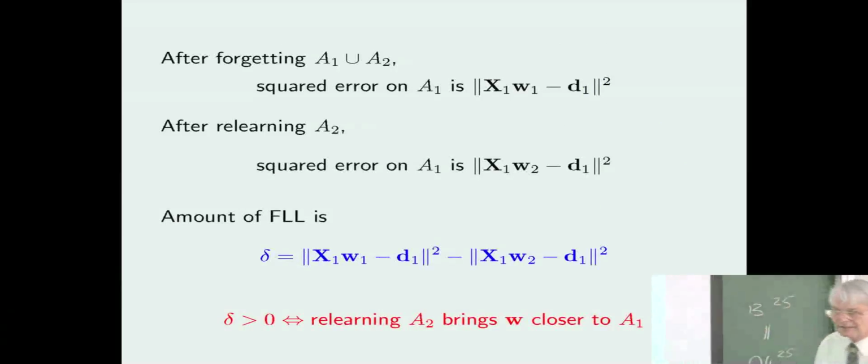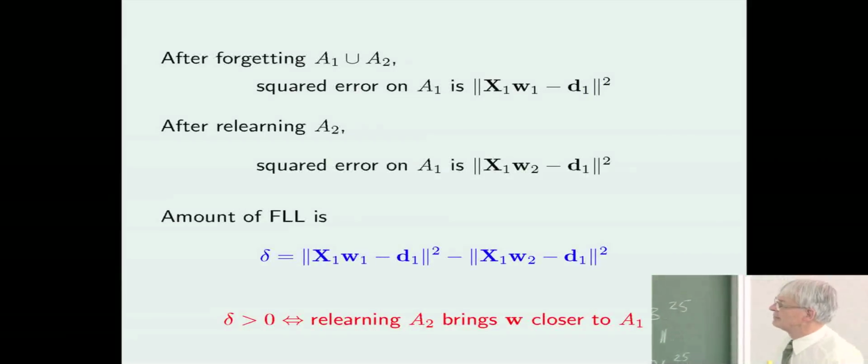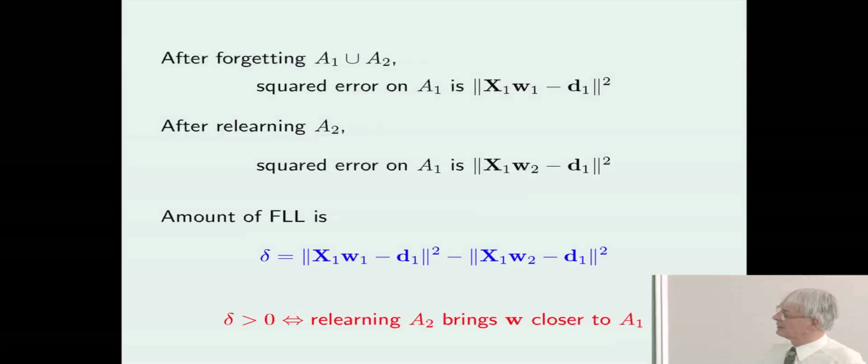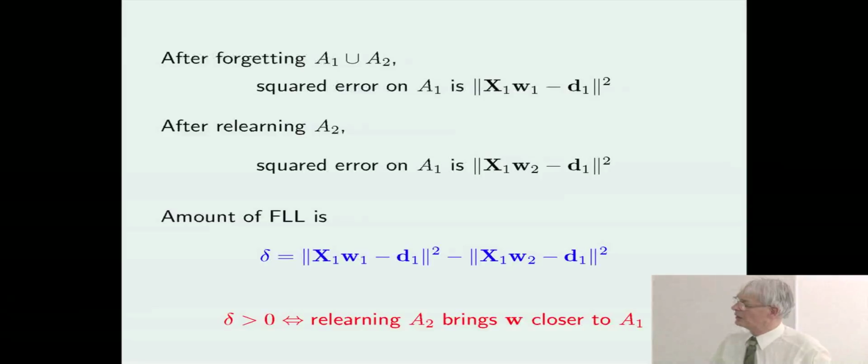So after forgetting, the squared error is x1 acting on w1 minus d1 squared. After relearning, the squared error is x1 acting on w2 minus d1 squared length.